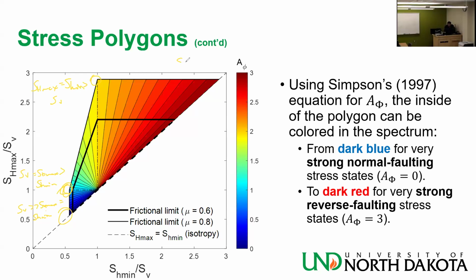And then here, SH max is bigger than SH mean, which is equal to SV, something like that. But basically, you go from dark red is very reverse, dark blue is very, very normal, and everything else in between.